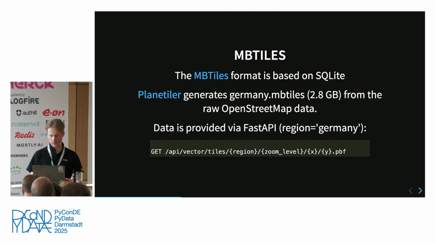I provide that data finally via FastAPI. So I created a FastAPI endpoint looking like this, where you have as parameters the zoom level and the X and Y location for the tiles. Yeah, and that's how to obtain the data.